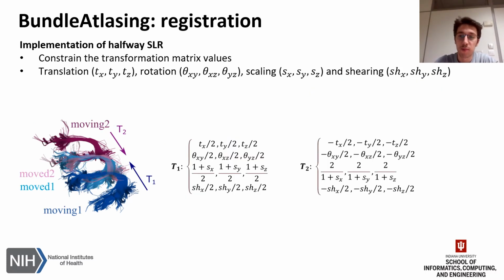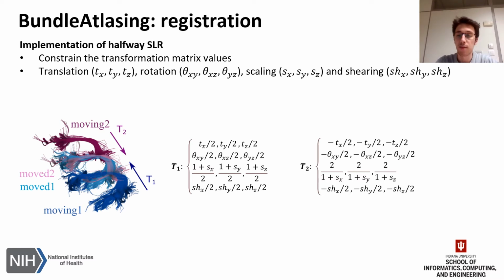A problem with this approach is that if we allow both bundles to move, potentially we could move both bundles to any point in the space and achieve a good overlap. So we are facing a problem with infinite solutions, and of course that's not good for optimization. And what we did here was to constrain the search space. So we provided a clear and accurate definition of what a halfway space is, and in this case we defined the halfway space as the space we obtain by taking half the value of the full transformation.